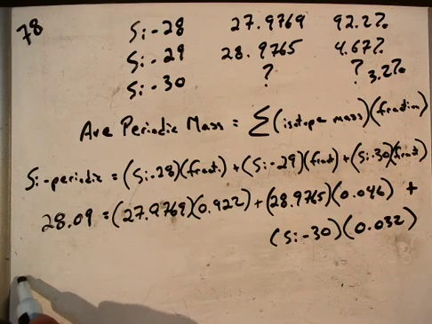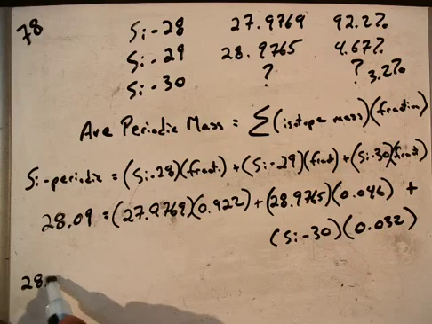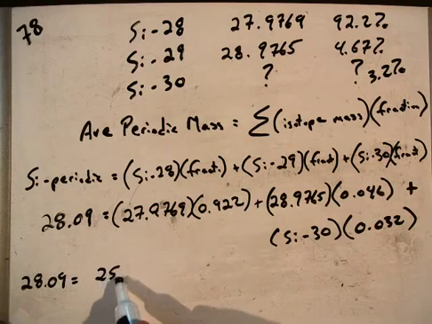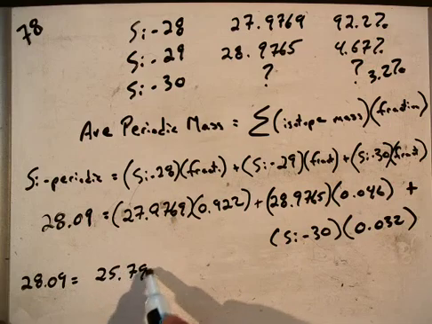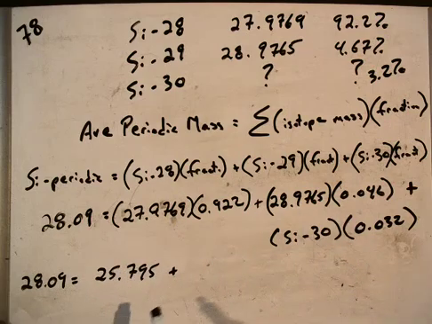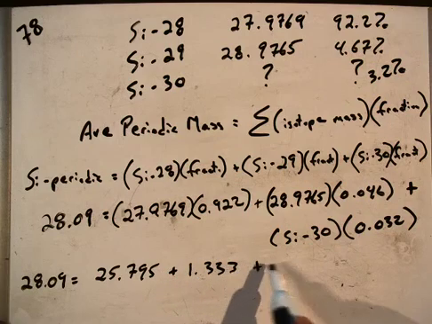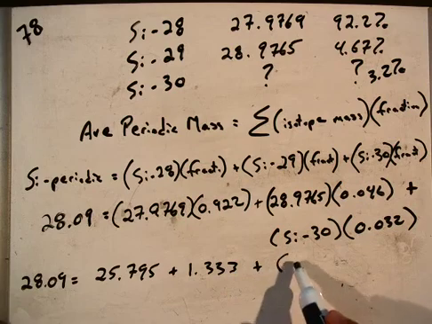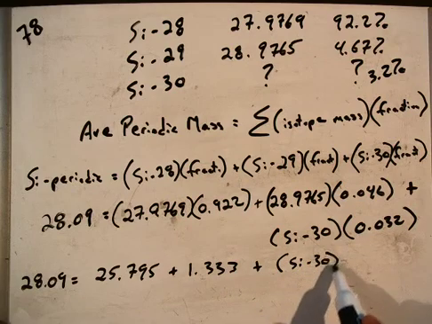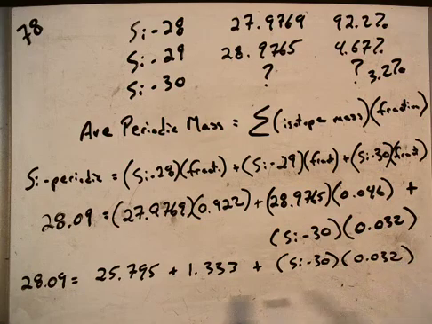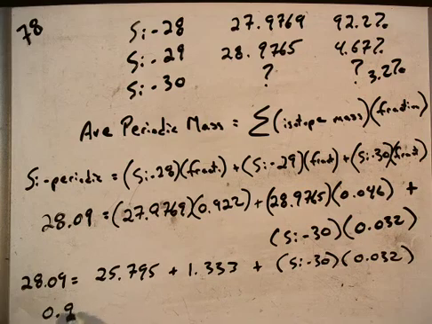And so if we do the mathematics here, I'll do it stepwise. We take the first product, we get 25.795. We take the second product, we get 1.333. And for the third, that's actually what we're trying to determine. So if we bring these guys to the other side of the equal sign, we get 0.962.